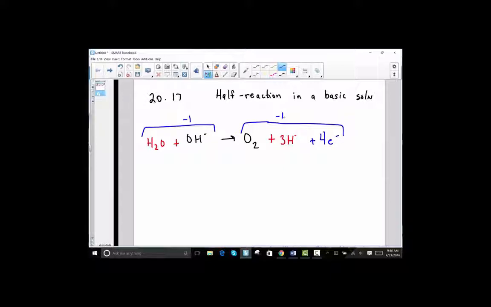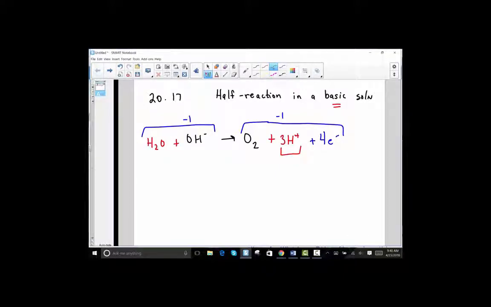Now, if this were an acidic solution, we know that we would be done, but this is basic, which means we have to turn the number of protons on the right-hand side that we added and neutralize those by adding the base ion to create neutral water.